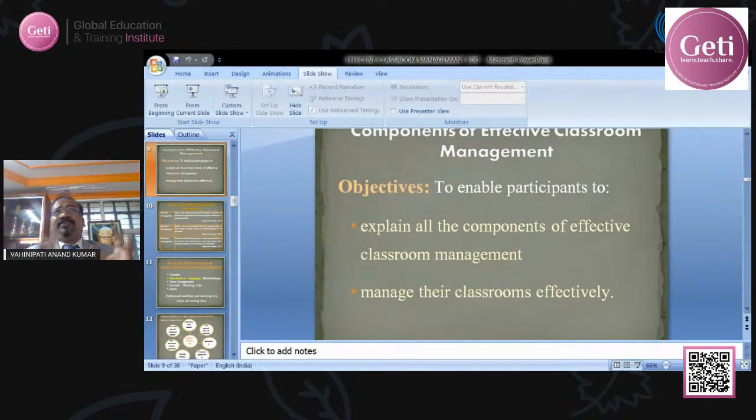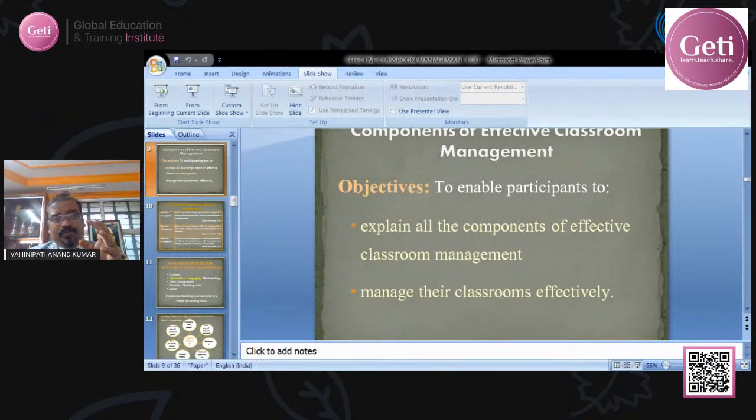What happens in general is that in 90% of the classrooms, 70 to 80% of the classroom time is consumed by the teachers, and 20 to 25% of the period is used by the students to get a chance to express themselves.